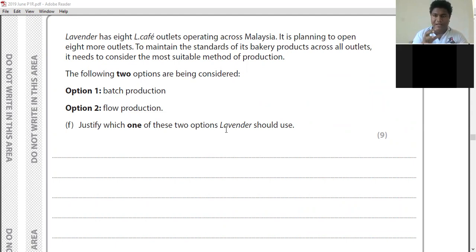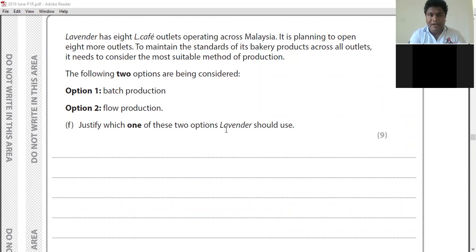If you select batch production, I'll give 2 advantages, 1 disadvantage, and the evaluation point, the conclusion answer. Using the Meliba point method, as I told you, make your point, explain it using the BLT method, link it to the case study, this restaurant and the bakery items, and then explain what kind of impact there is for the business as a result.